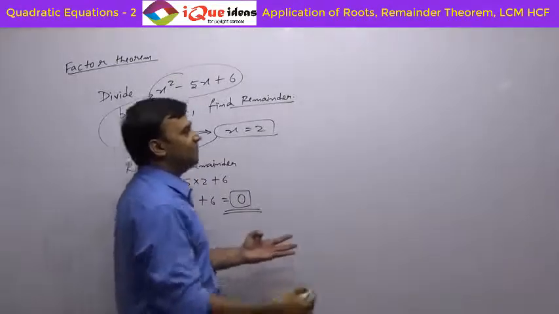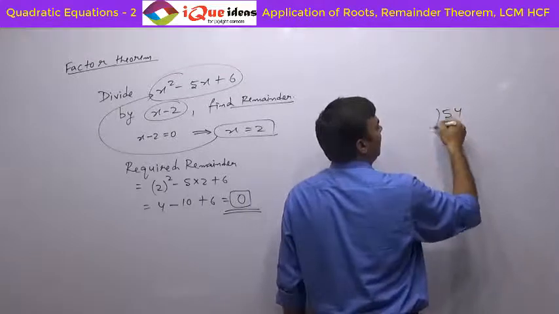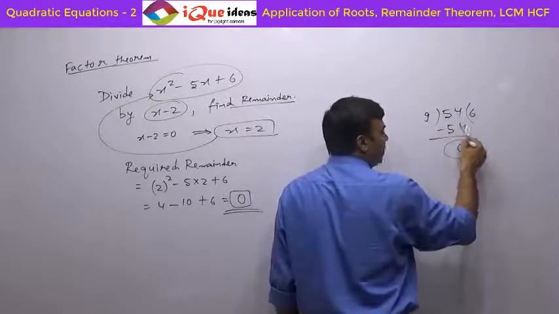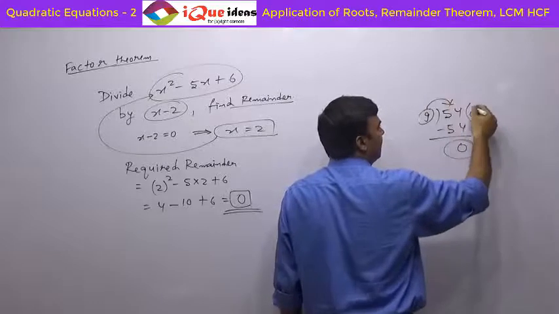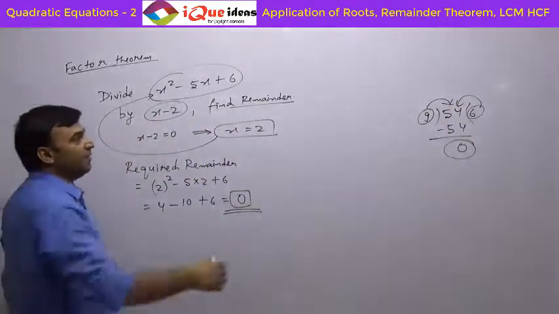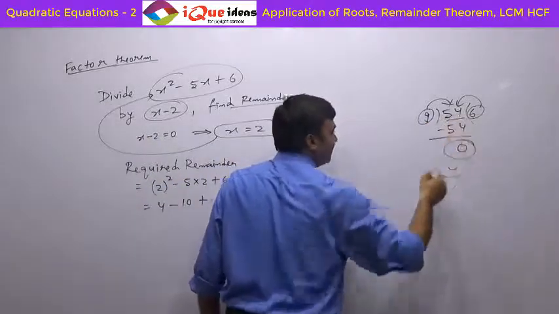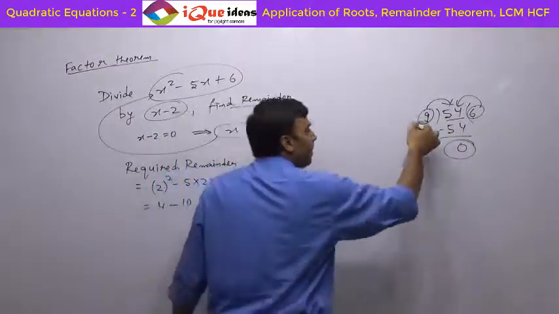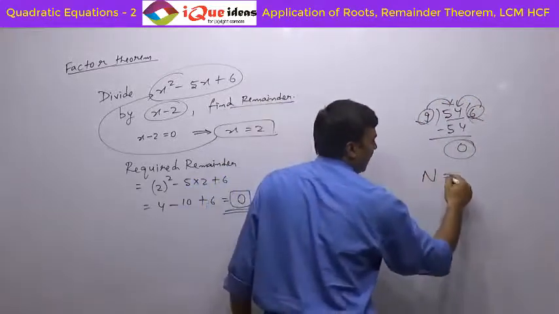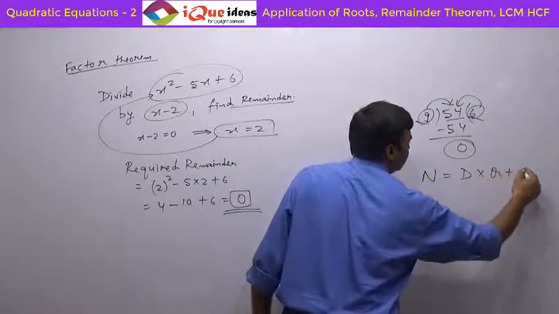See, whenever remainder comes 0, let's say for example 54, if I divide by 9, 9 6 is 54. So cancel 0. So remainder 0 means 9 divides 54, 6 divides 54 completely. Or we can also say that 54 is divisible by 9 and 6. We can also say that 9 and 6 are factors of 54. You know, remember that n is equal to d into q plus r.